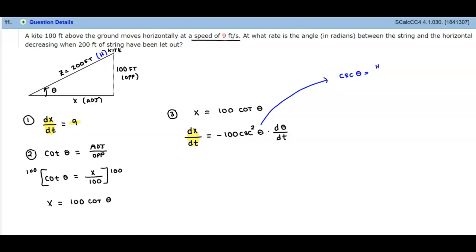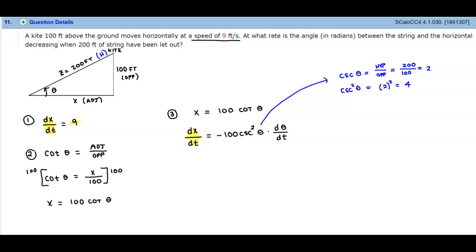We know the hypotenuse, which is the 200 feet of string, so that's 200 over the opposite, which is 100. So 200 divided by 100 gives us 2. Now we need to take cosecant and square that value. So we take 2 and square it, which gives us 4.